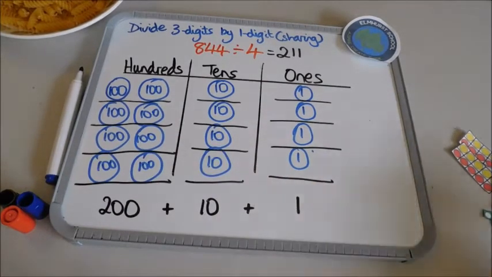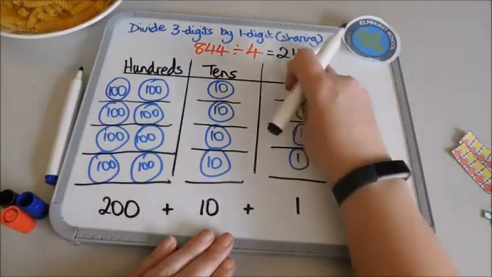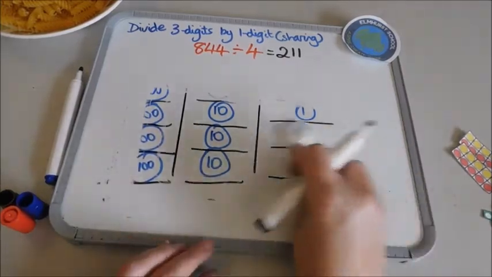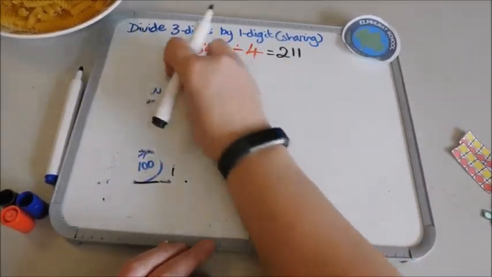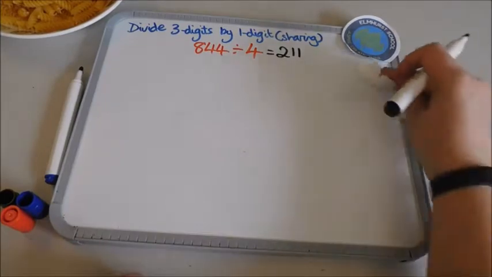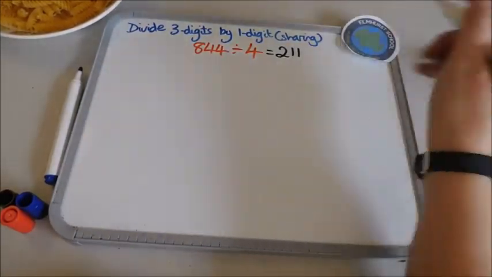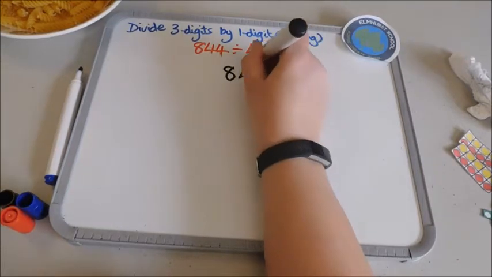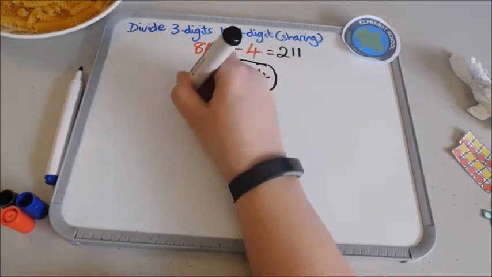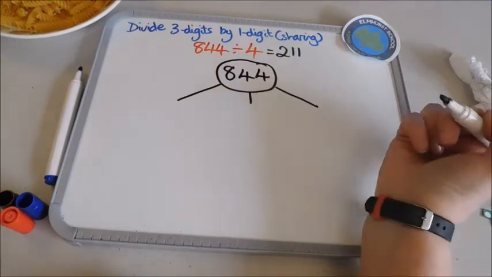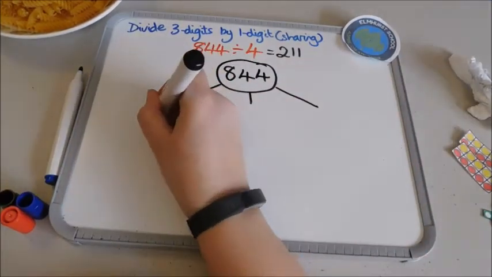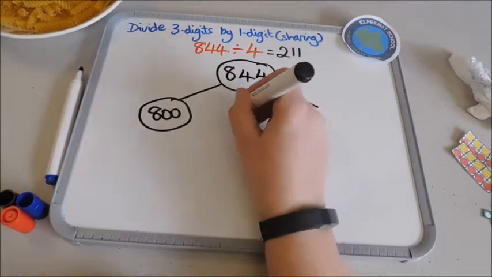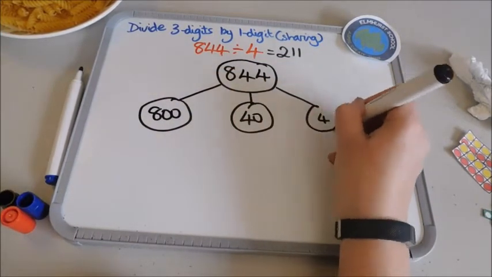Now, the other way that I could do that is with a part-whole model. So my whole is 844, and I'm going to partition it into 840 and 4.